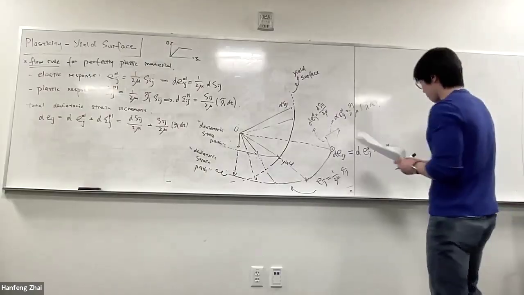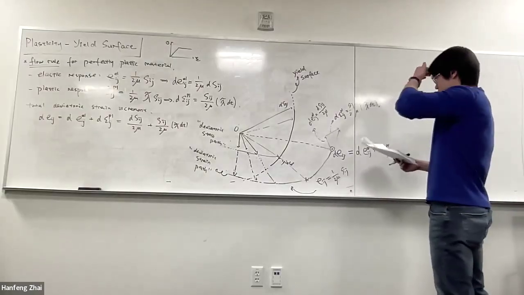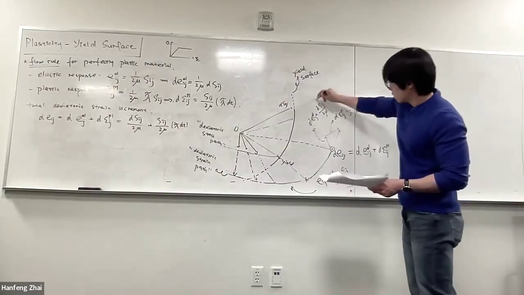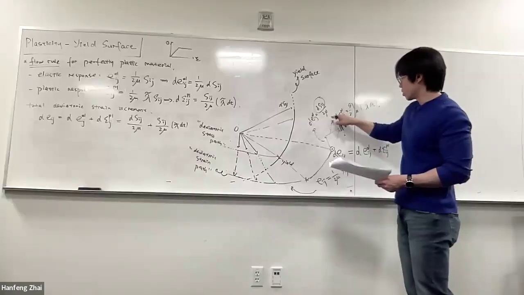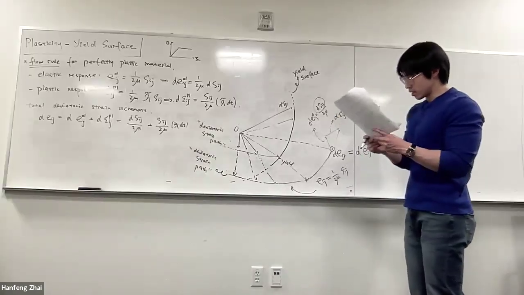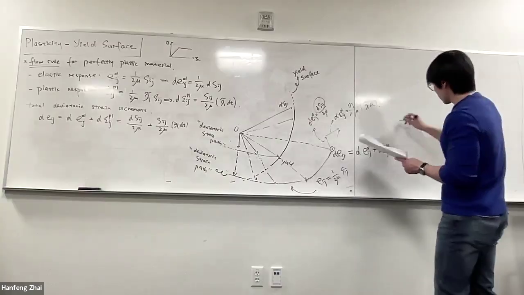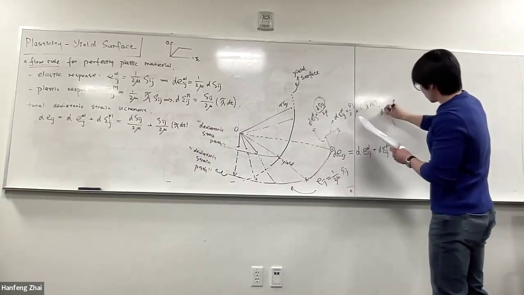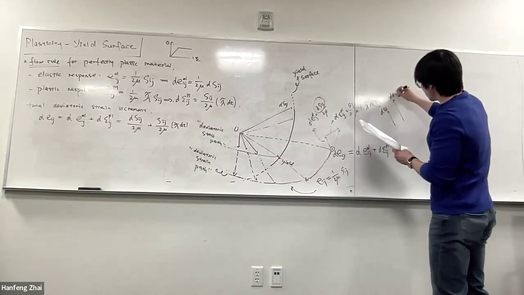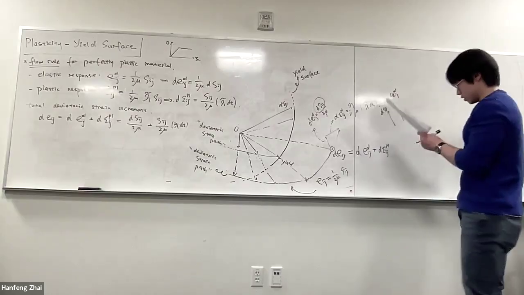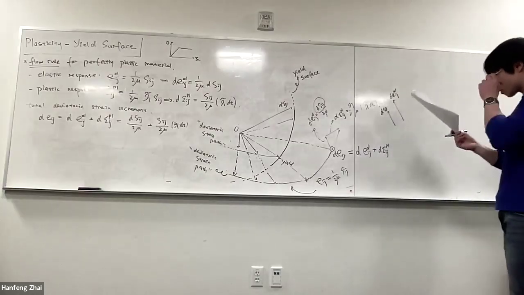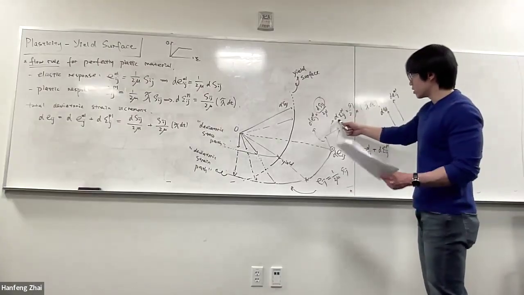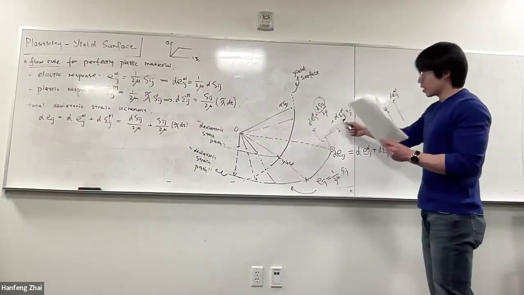One comment: the applied stress ds_ij only contributes to the elastic strain. So they are actually, in this space, parallel: ds_ij and de_ij elastic. And according to this equation, S_ij and de_ij plastic are parallel, right?